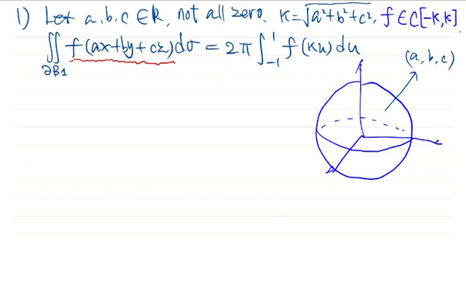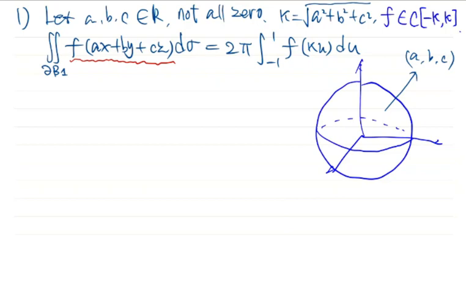The idea is that we rotate the coordinate system so that in the new coordinate system, ax plus by plus cz is a single variable. Okay, and can we rotate the coordinate system?